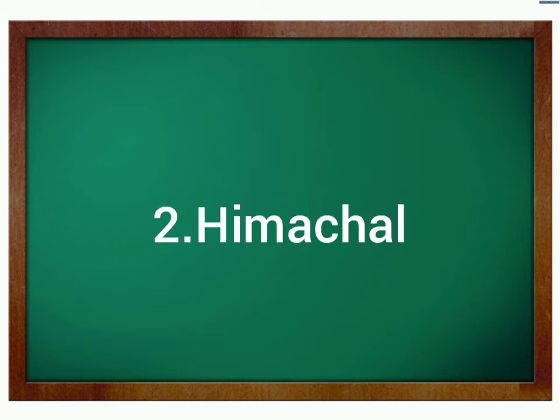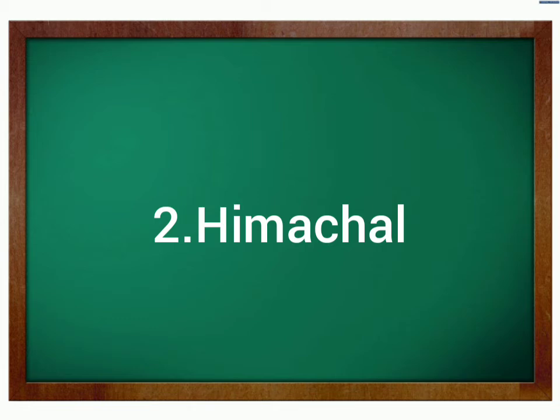The next range is Lesser Himalaya or Himachal. It lies to the south of Himadri. It contains the most rugged mountain system. The longest and most important range is the Pir Panjal range. The other important ranges are Dhauladhar and Mahabharat.